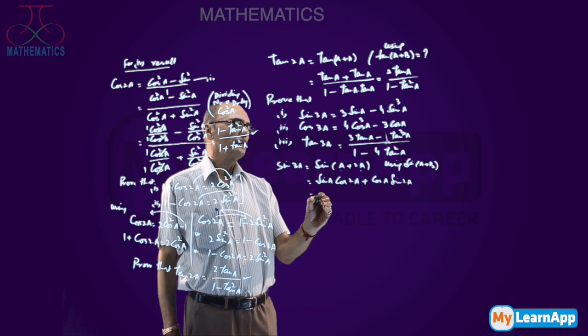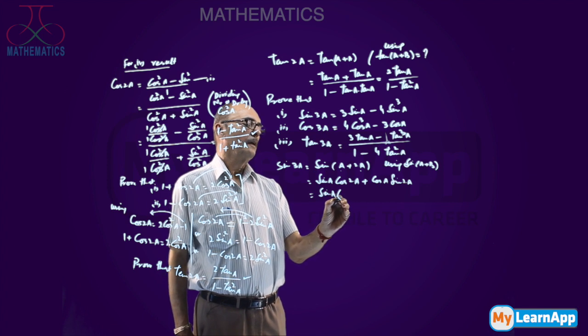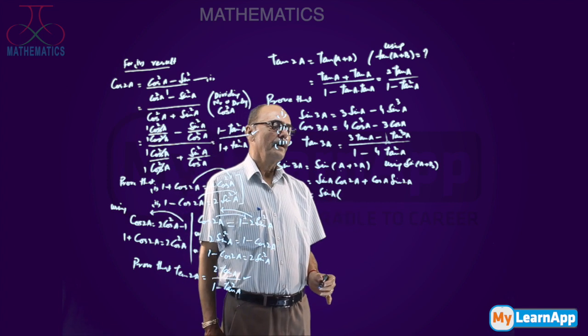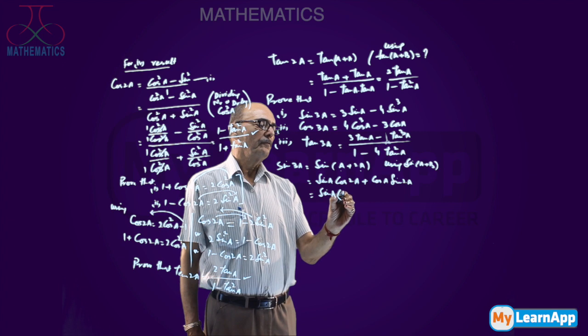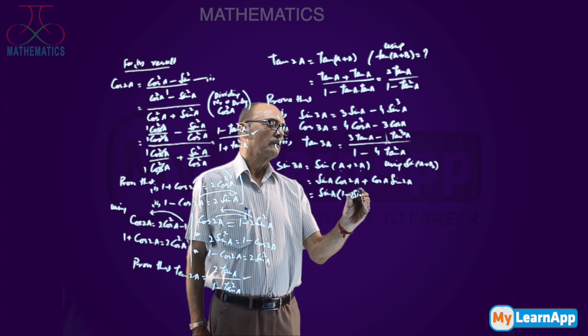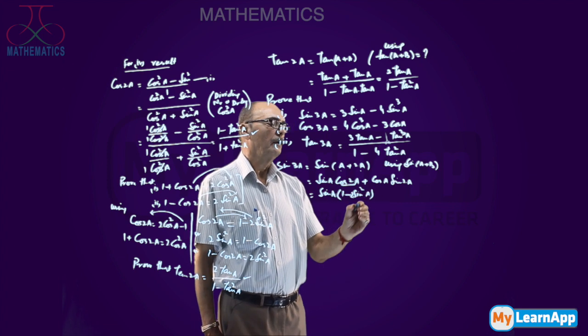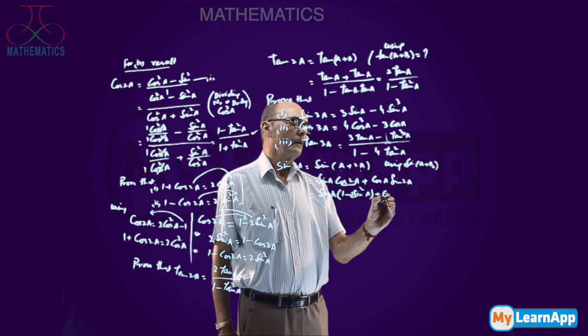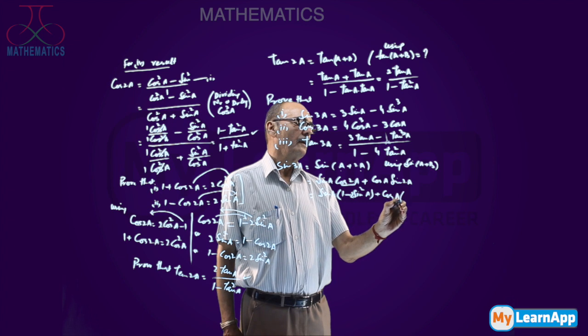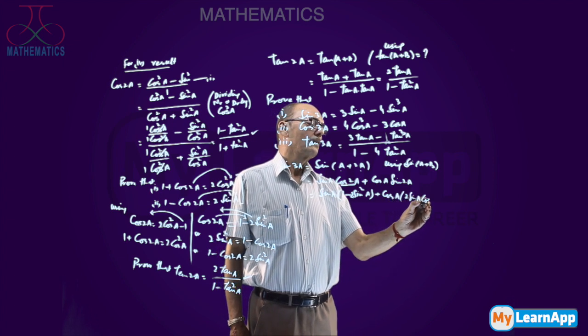Or this is equal to further sin A, cos of 2A is 1 minus 2 sin square A, this formula we have already proved, plus cos of A into 2 sin of A cos of A.